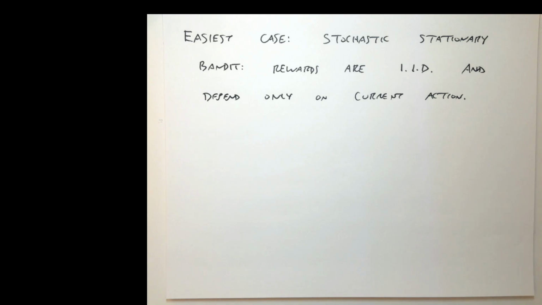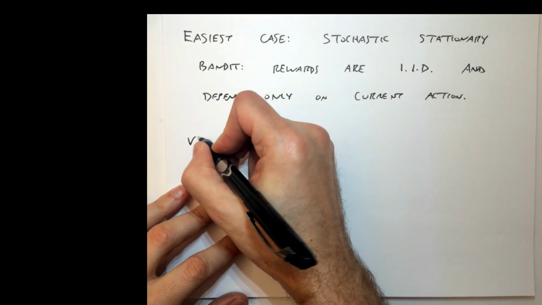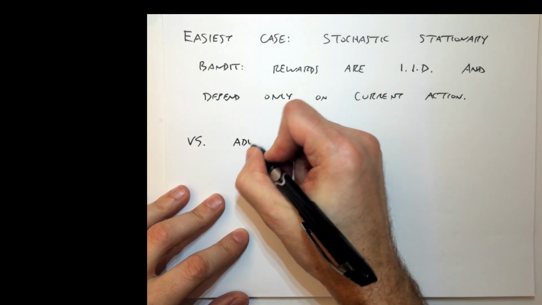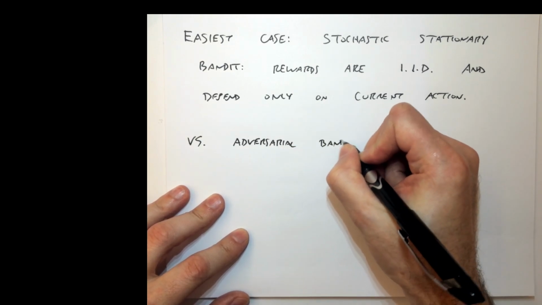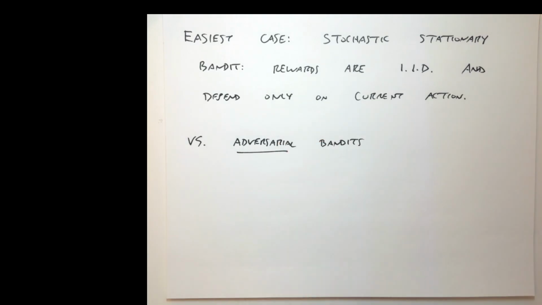There are more complicated situations, which are what are called adversarial bandits, where the environment can make life very hard for the user, right? So if the environment is changing its strategy depending on what the user is doing.